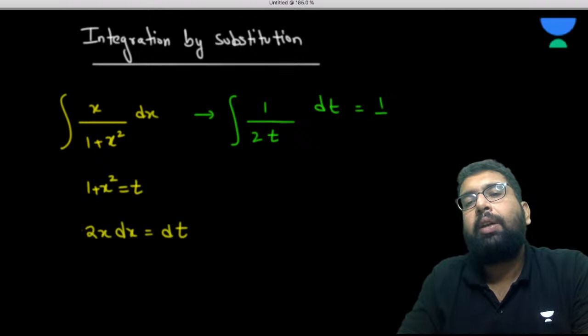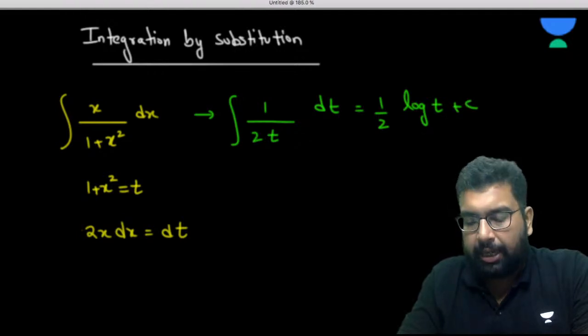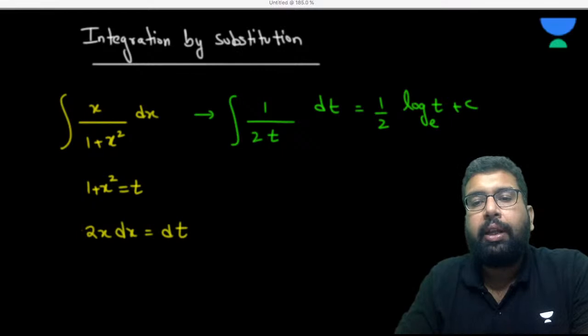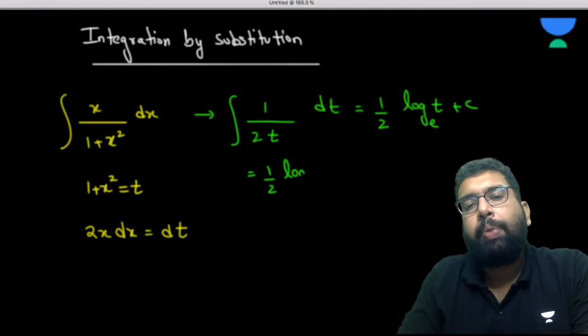We can take the constant outside. Integrating 1 by t gives log t, base e, plus c. Always remember there will be a constant of integration. Now we can put back the value of t, so it will become half log base e of 1 plus x square plus c.